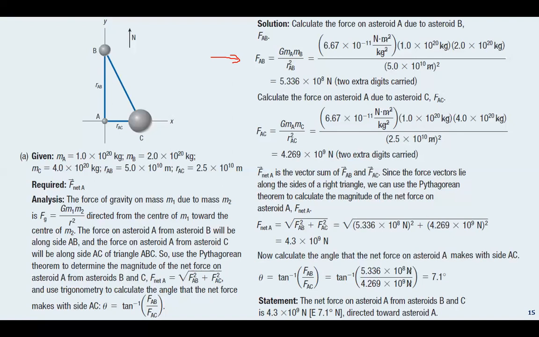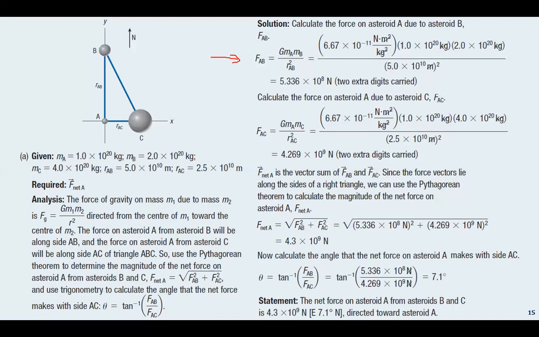Since the force vectors lie along the sides of the right triangle, you can use the Pythagorean theorem to calculate the magnitude of the net force on asteroid A. So F net A is the square root of FAB squared plus FAC squared. Again, put all the values in. We have F net A is approximately 4.3 times 10 raised to the power of 9 newtons.